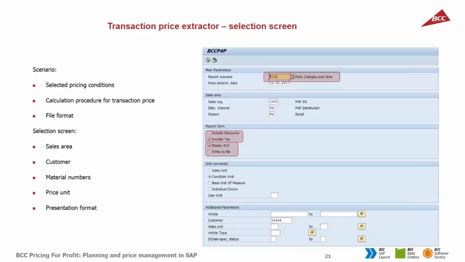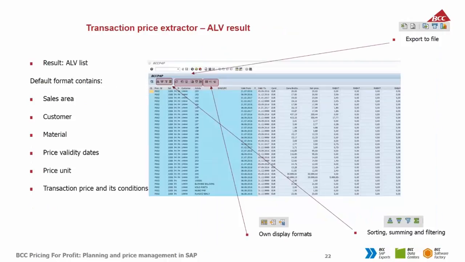We can also select a presentation format, so if we want to see the result in the form of an ALV list or export to a file, it can be received by an external system. Again, if we choose the presentation format as an ALV list, we have all the benefits that this tool gives us.